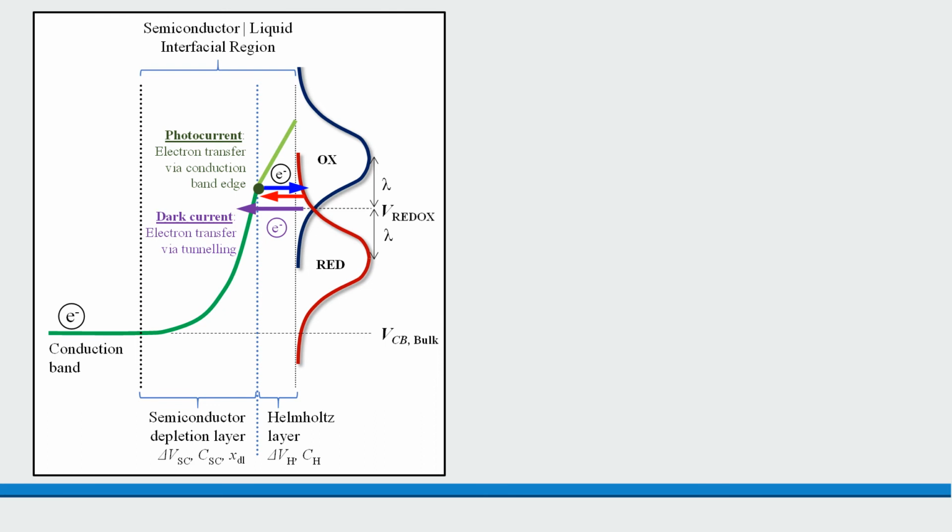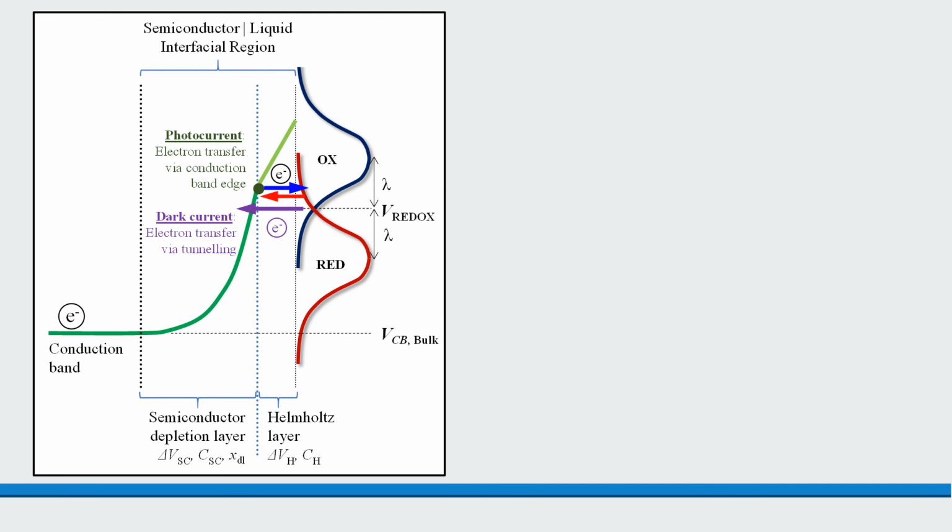Because for dark currents to flow, normally you need a very high band bending, and the barrier is too high to be overcome by thermal activation. And electrons instead tunnel through the space charge barrier, and this becomes easier the more heavily doped the semiconductor is, and the higher the degree of band bending, which tends to thin the space charge layer.